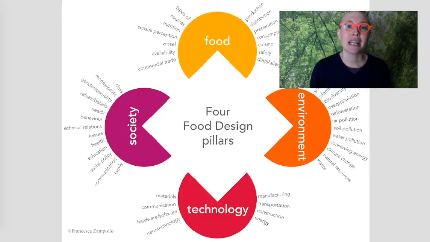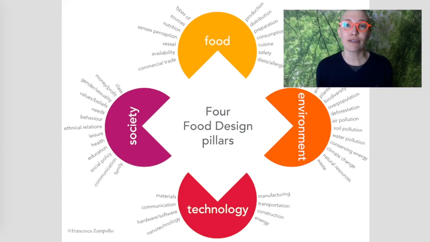The four pillars of food design are the four columns on which every food design project should stand. Projects missing the proper understanding of these areas are projects that lack depth, refinement, and the potential of proposing radical innovation.